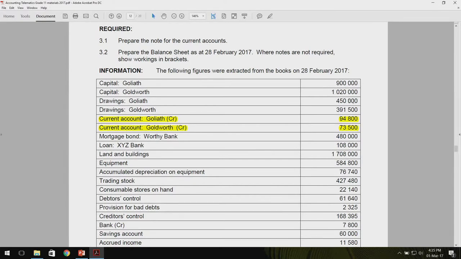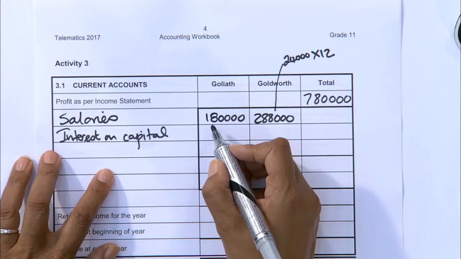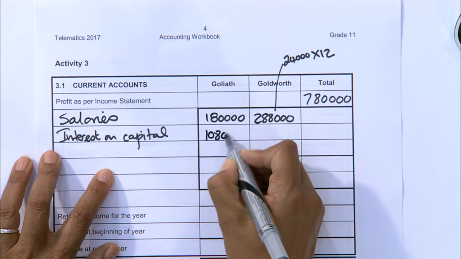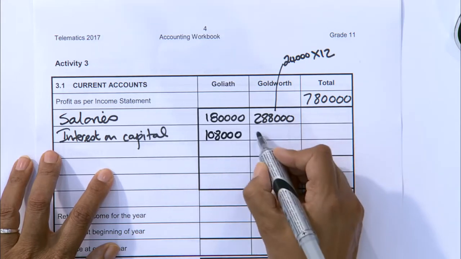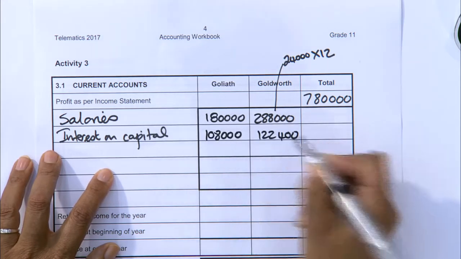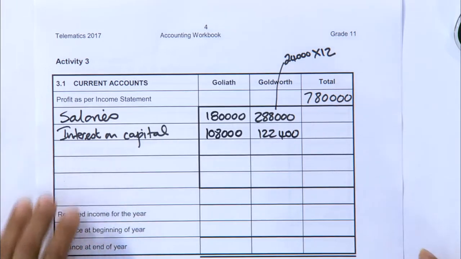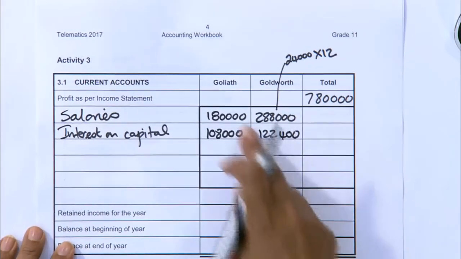And 12% of 1,020,000 is 122,400. I'm hoping that I slowed down a bit. I know some people say that I'm going too fast, and I would like to slow down so that you can understand the work. So let's put it in. Just remember, it's 12% of their capital, and their capital is unchanged. 108,000 and 122,400.